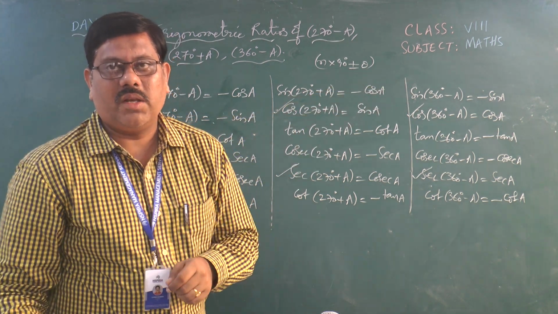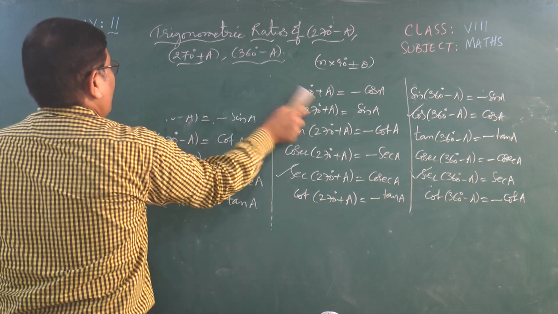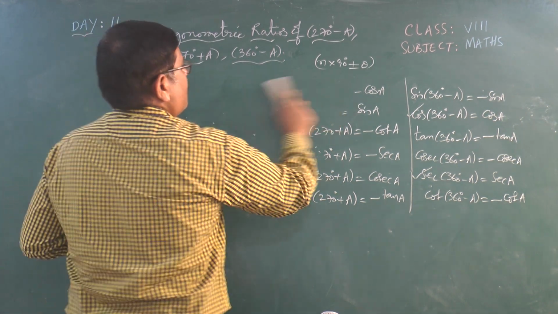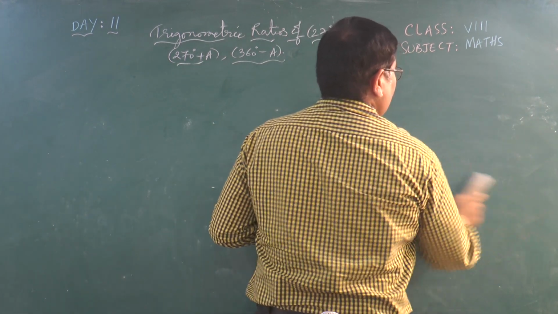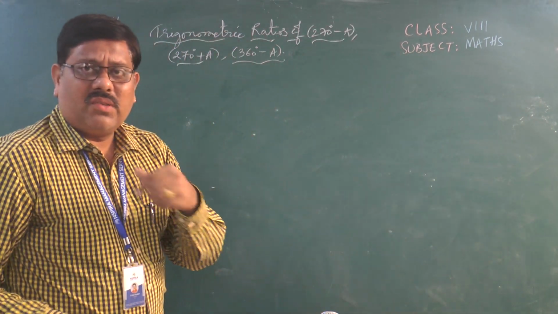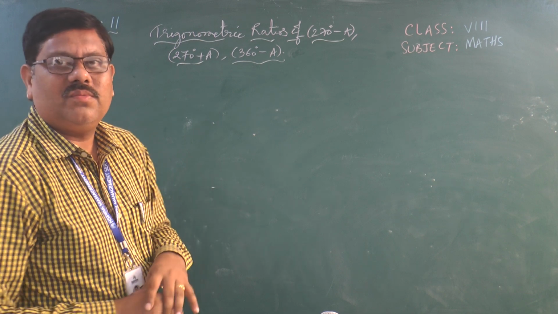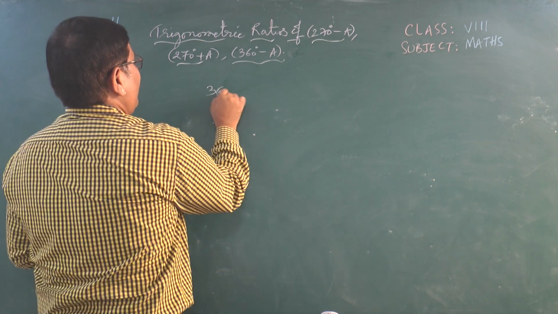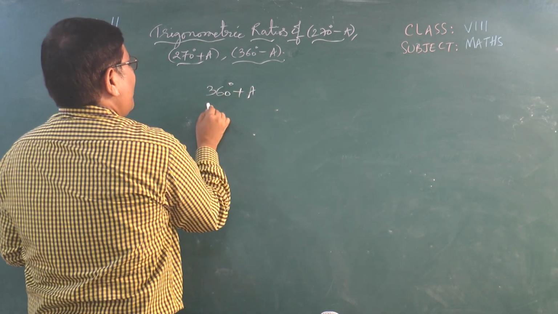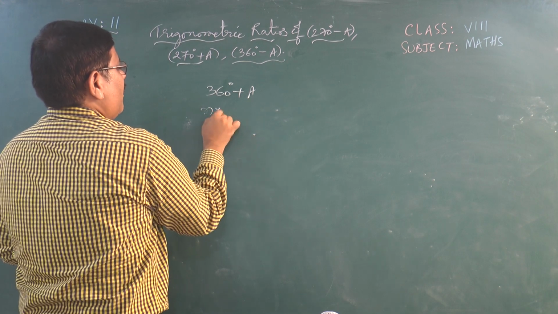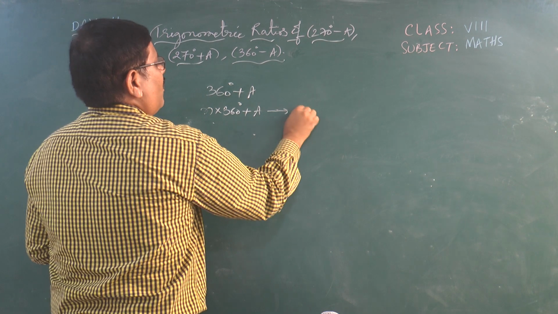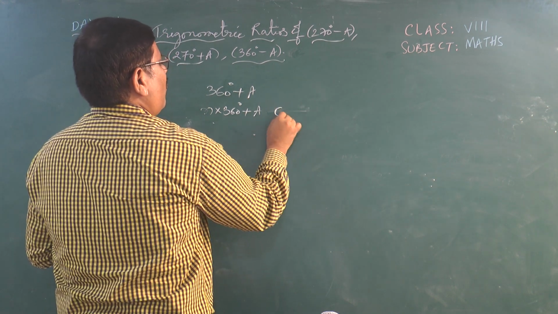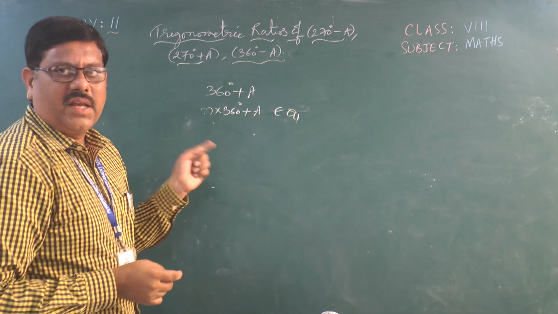Okay, now we move to the next concept. Suppose you have 360 degrees plus a, what to do? 360 degrees plus a or any integral multiple of 360 degrees plus a always lies in quadrant 1, where a is an acute angle.